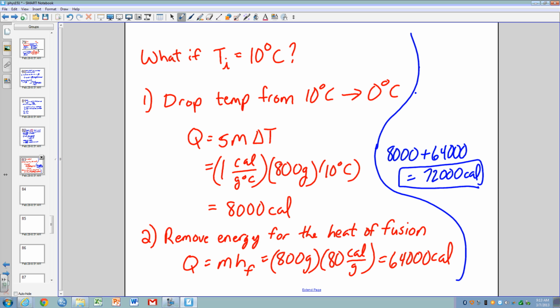The point being that I have these two steps: before I can take away this heat of fusion, I first have to drop the temperature of the water from 10 degrees Celsius, which is above the freezing point, to 0 degrees Celsius. Two steps. And each of those steps requires a certain amount of energy to either be input or, in this case, removed from the system.